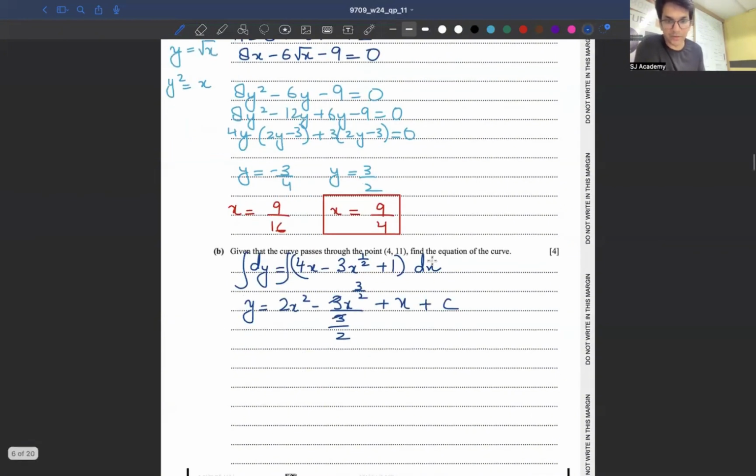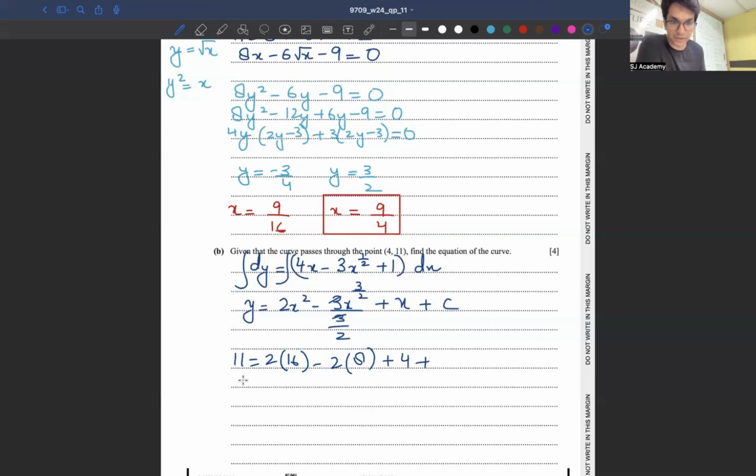So now substituting the values of x and y, which is 4 and 11. So 11 equals 2 times, that will become 4 squared, so that will become 16, minus 2 times, the value of x is 4, and 4 to the power 3 upon 2, that will be 8, as square root of 4 is 2 and 2 cubed is 8, plus 4 plus c.